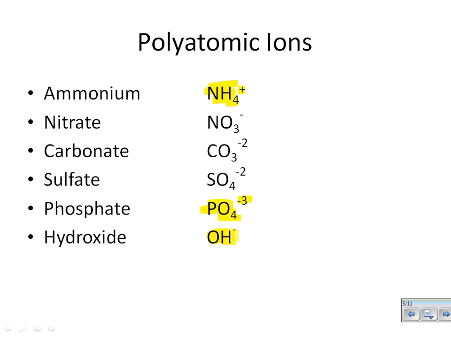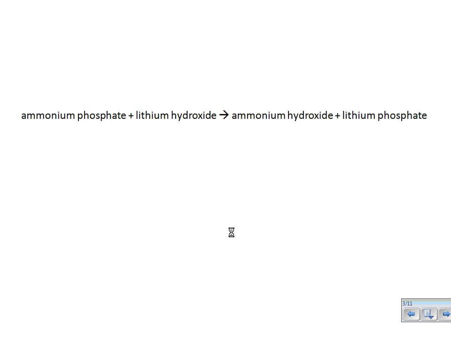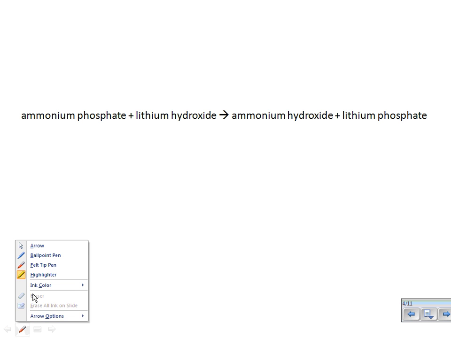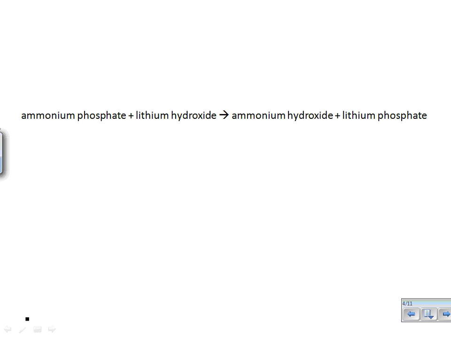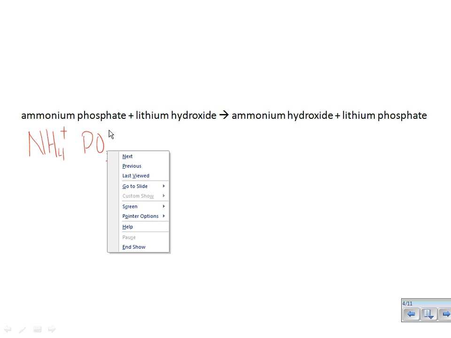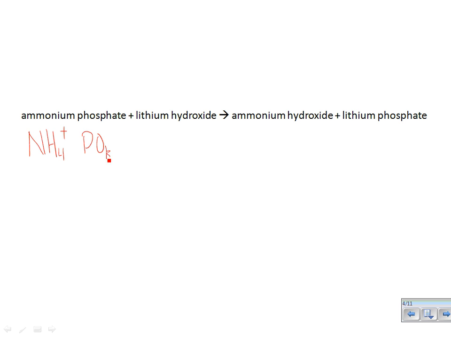So all we need to do is find lithium. All right, let's go back and write down what we found there. Ammonium is NH4 plus, phosphate is PO4 -3, hydroxide is OH negative.